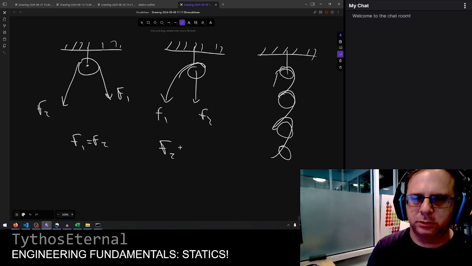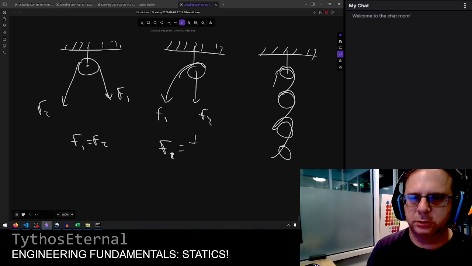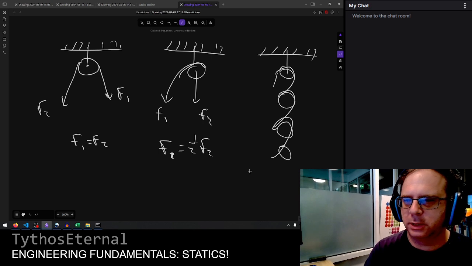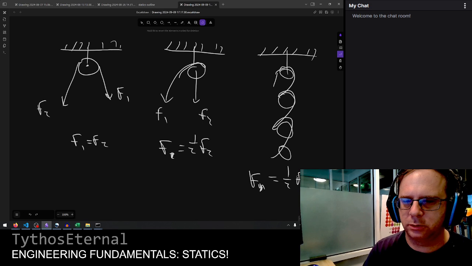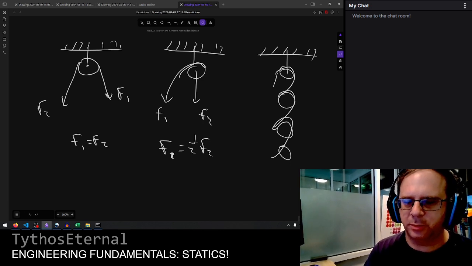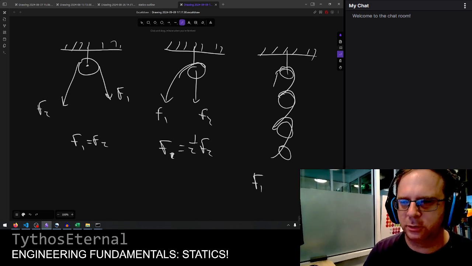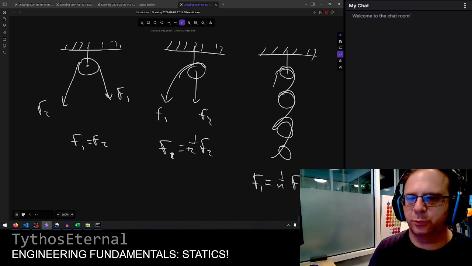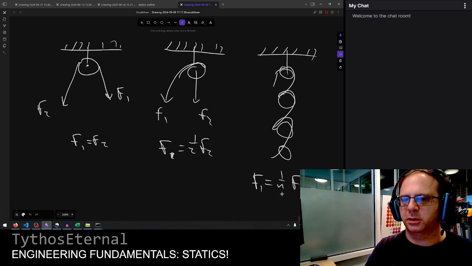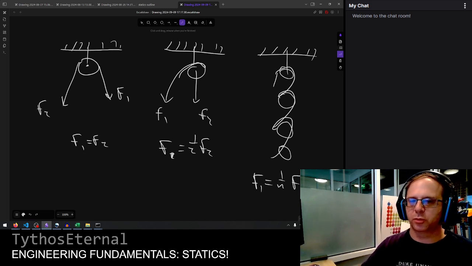Oh, I got that one wrong. If you couple, let's see if I can remember which one. Yep, I got that wrong. Sorry, really messing up my pulley examples here. If you couple n pulleys together, right? If you have two pulleys, 1/2, n pulleys, you can actually couple into force reduction of 1/n.